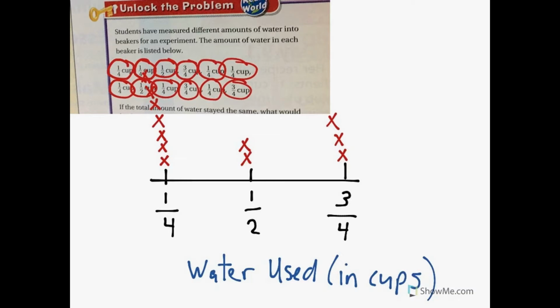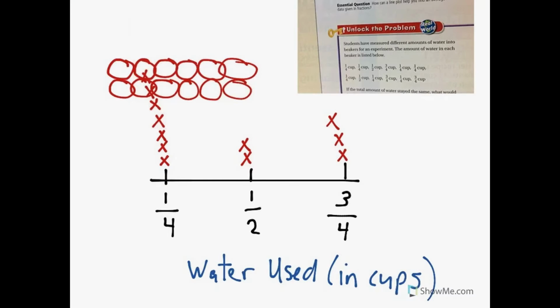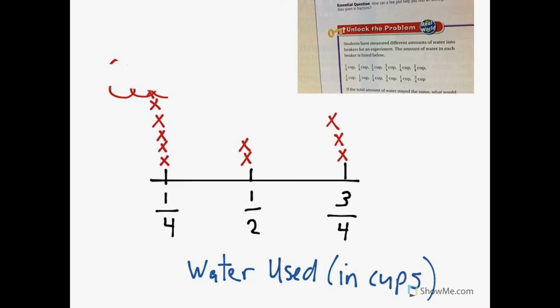So now that I've plotted everything, I should have two more X's. So now I'll just double check. I have 1, 2, 3, 4, 5, 6, 7 fourths of a cup.